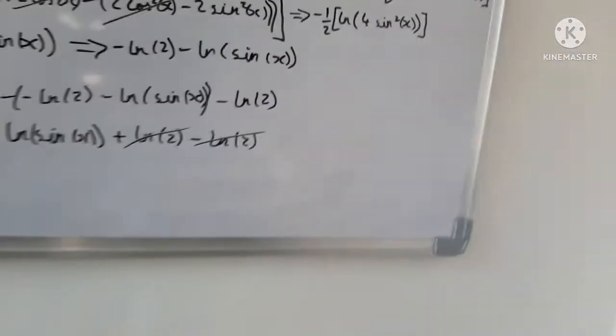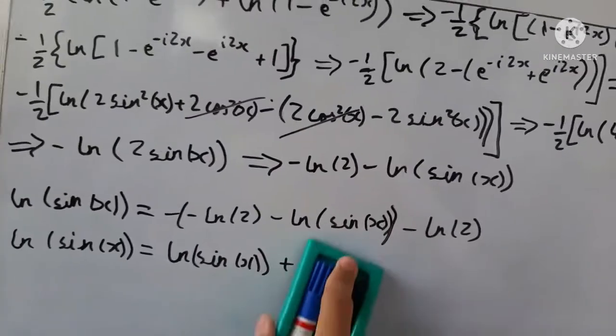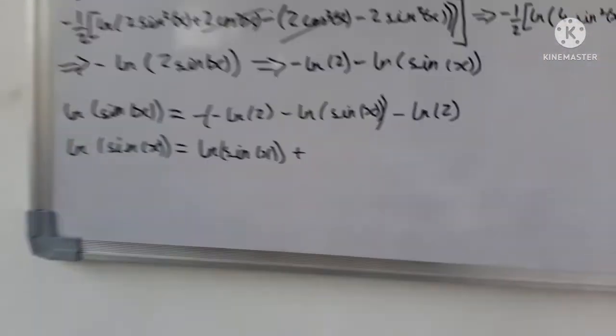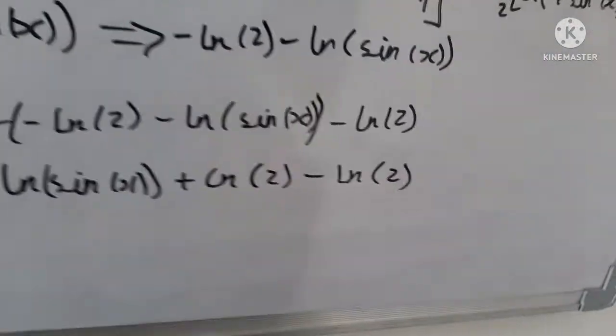Or you can overcomplicate this and say, okay, you know what, I'm going to overcomplicate it because I want people's heads to hurt. I am a sadist. YouTube, don't flag me. ln 2 minus ln 2. So we're going to use properties of logarithms, right? Okay, so this is going to be fun.